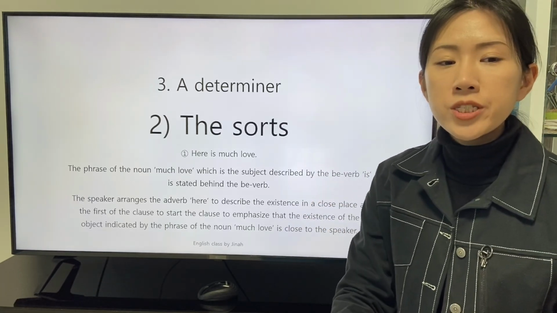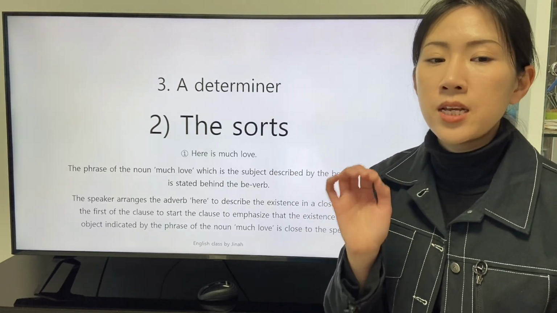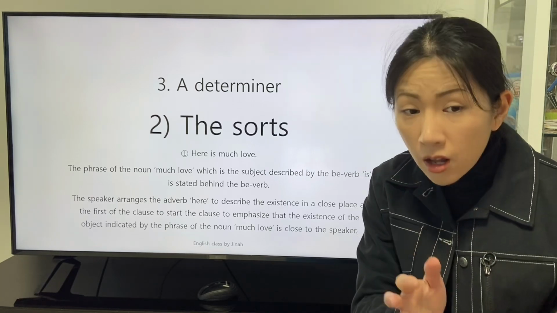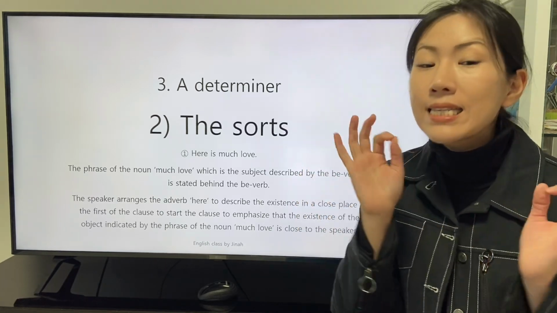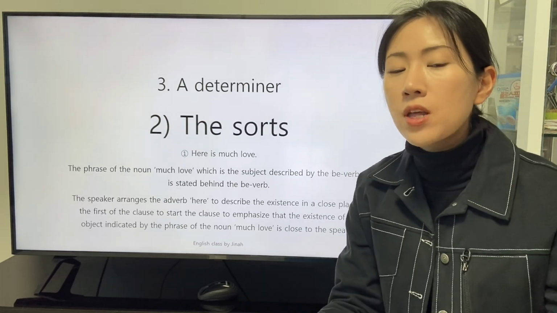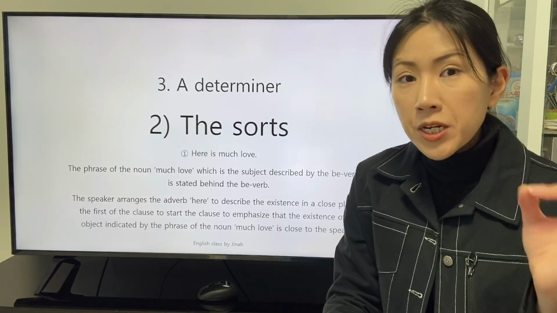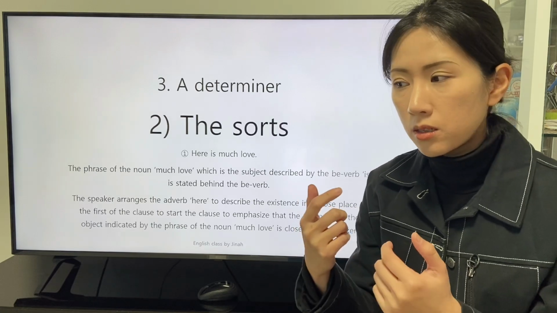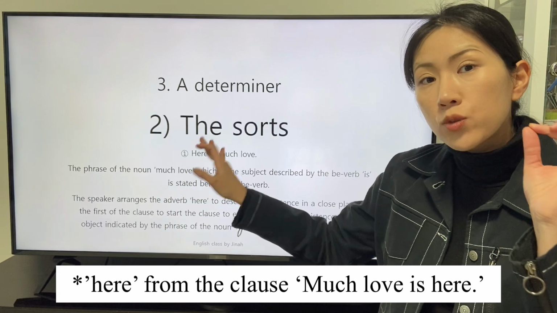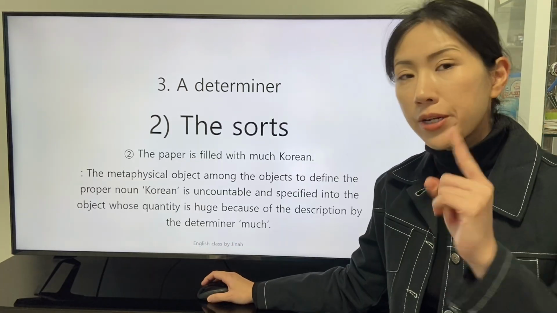The speaker arranges the verb here to describe the existence in a clause placed at the first of the clause to start the clause, to emphasize that the existence of the object indicated by the phrase of the noun much love is close to the speaker. The speaker relocates the position of the verb to express the close distance.